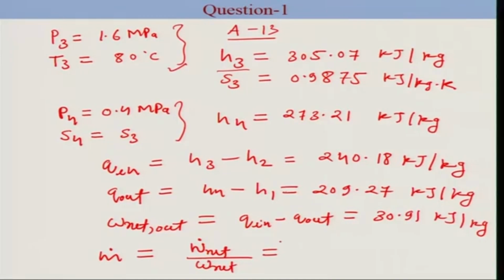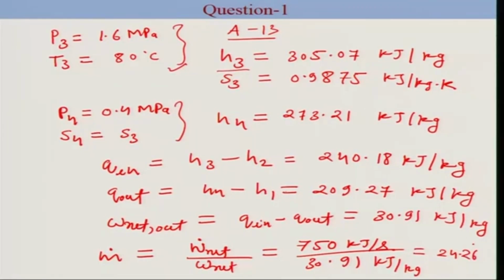So, it is given that it is producing 750 kilojoule per second divided by 30.91 kilojoule per kg. So, after solving it we get 24.26 kg per second. So, this is the mass flow rate of refrigerant.